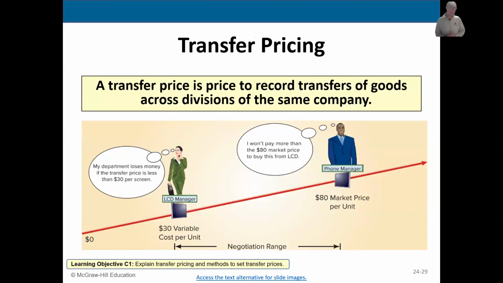Divisions within a company sometimes do business with each other. We call this transfer pricing. It's where the price to record the transfer of goods and services from one division to another within the same company is called transfer pricing. Transfer prices are used in cost, profit, and investment centers that we just learned about.